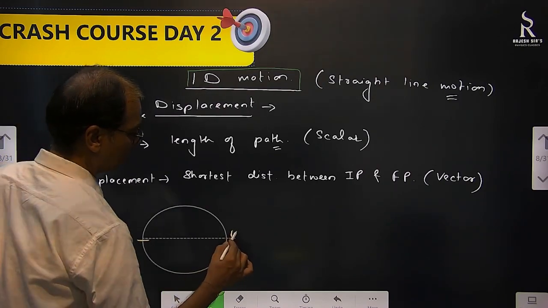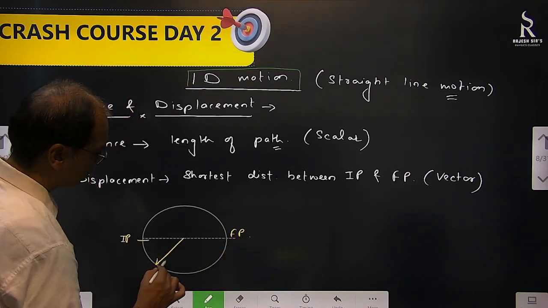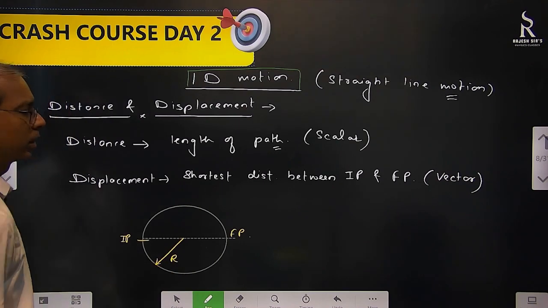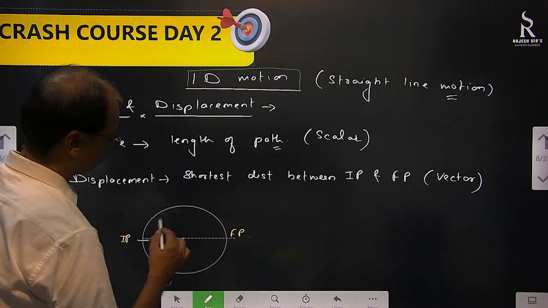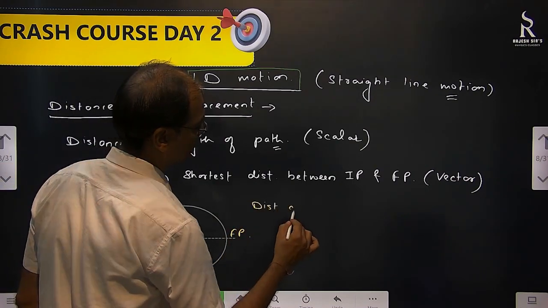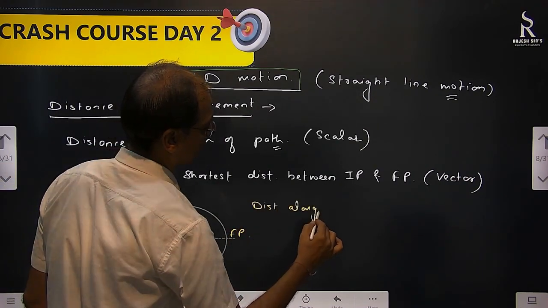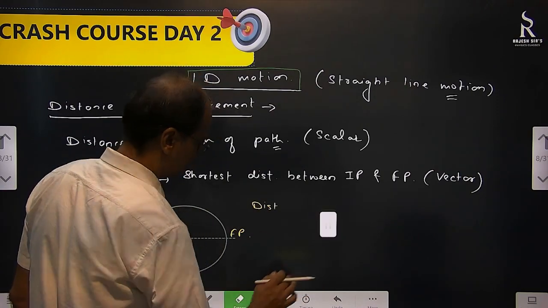This is the final point. The radius we can say is r. So if we have to find distance and displacement, how much distance have we traveled?